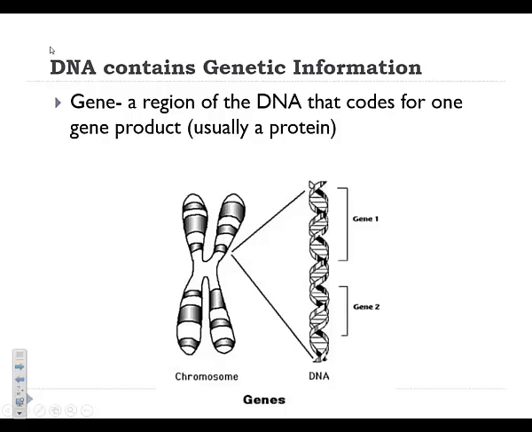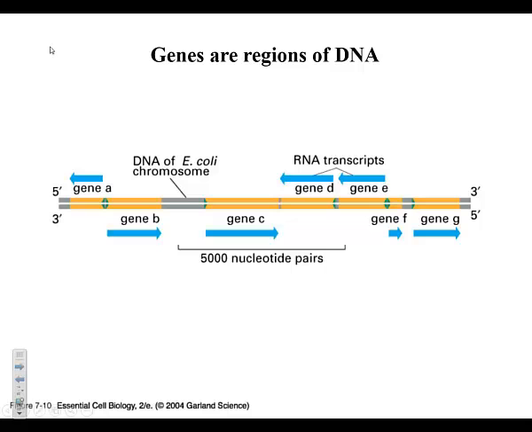Being that we are sexual reproducing organisms, we actually have a complete set of genes from our mother and our father, so we have 23 pairs of chromosomes.